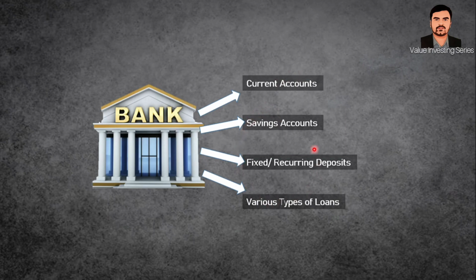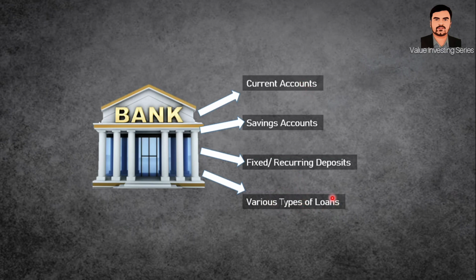Otherwise the other types of savings account and FD or RD have various interest rates to be paid out. So these are like liabilities, and the current account is good because they can keep the money with the bank as deposits without giving out any interest rate.